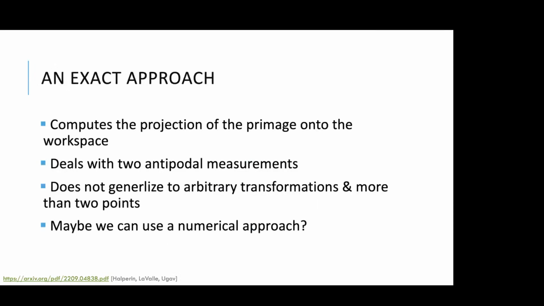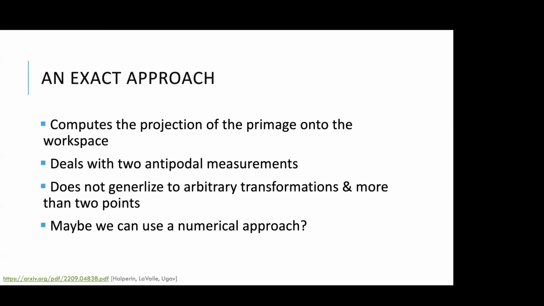So this is I think a nice point to mention a previous work by my colleague Barak and Danny and Steve, which actually does the exact computation both for a single pre-image and for two antipodal measurements. So what their work does is they have an algorithm, which we will discuss in a few words later, for how to compute the projection of the pre-image onto the workspace.